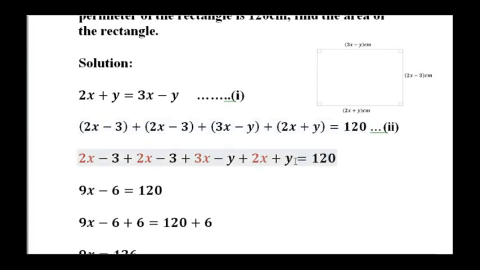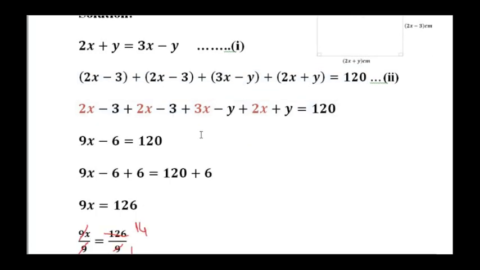As we know, a positive sign before parentheses will not affect the values inside the parentheses, so I'm going to write them as they are. In this equation, 2x, 2x, 3x, and 2x are like terms. So their total sum is 9x.